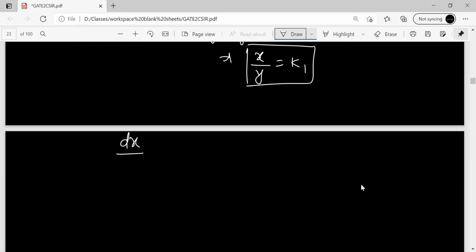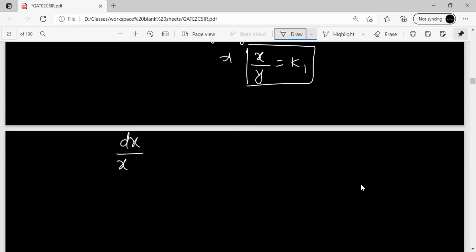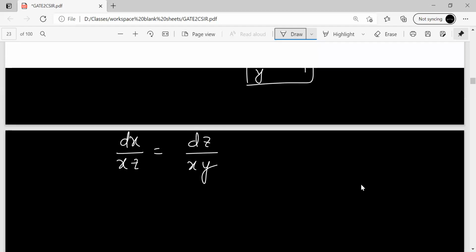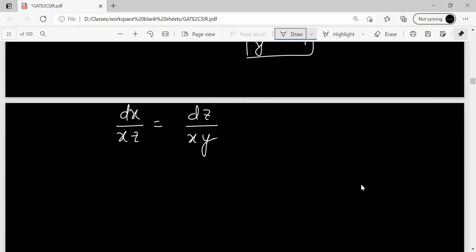So dx over xz will be equal to dz over xy. No matter whether you consider first and third or second and third, there will be a problem. If I cancel this x, for z there is no problem, but for y there is a problem.